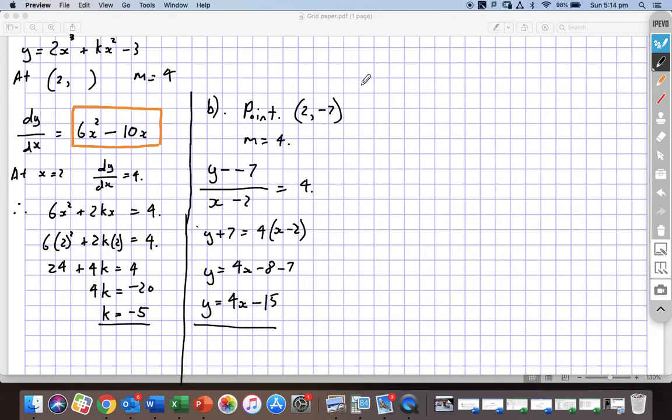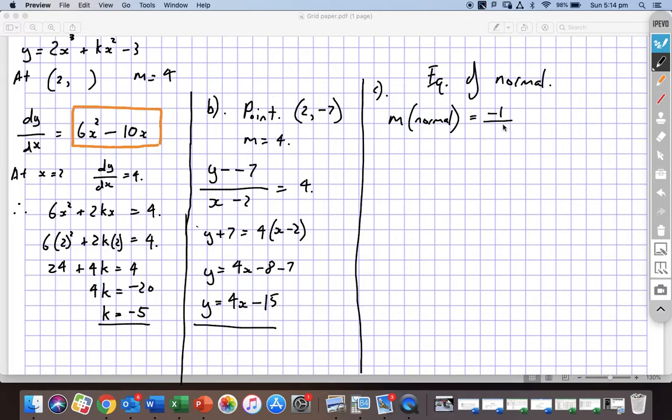Now they also want the equation of the normal, I believe. So part C, so that was equation of tangent. This is now equation of normal, and the procedure's almost identical. The only thing is that the gradient of the normal will equal minus 1/4.